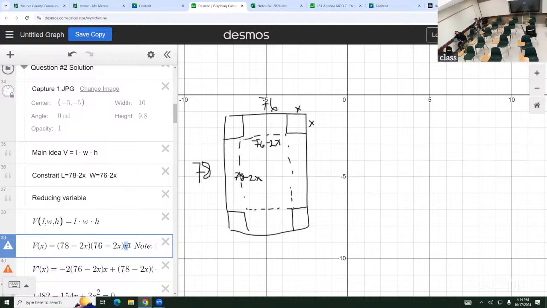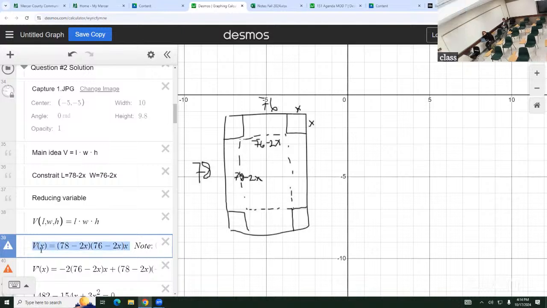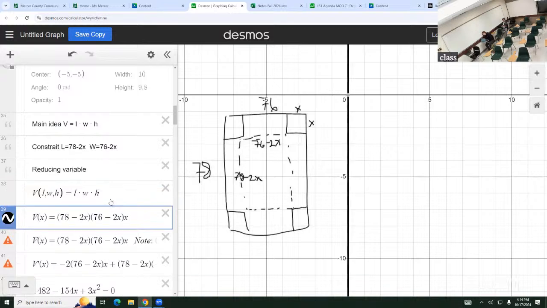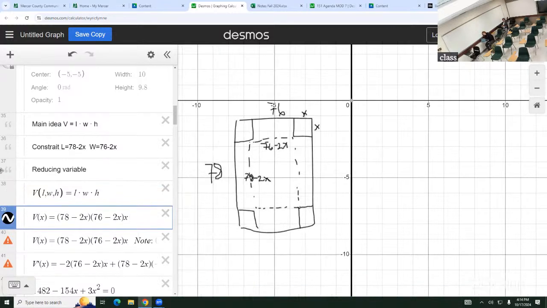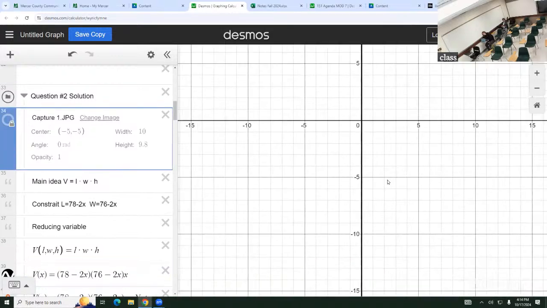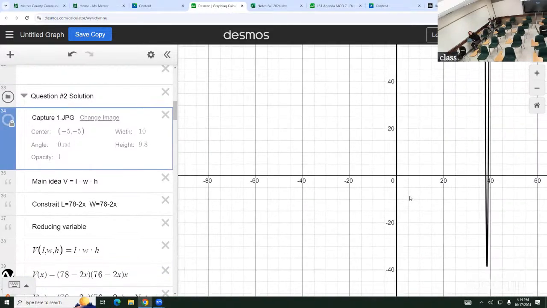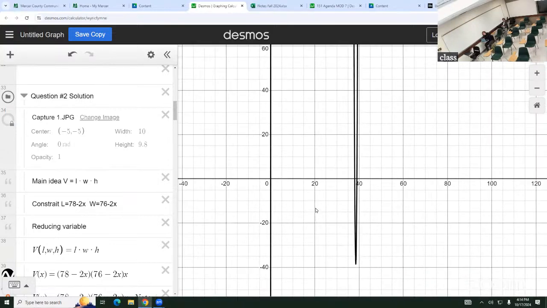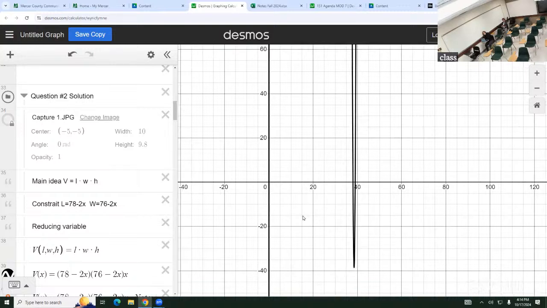Okay, once I have that function, I just have to put it in and have it graphed. Now, when I have it graphed, you have to ask yourself, what am I seeing? I don't know. What do I need more of to make this visible?